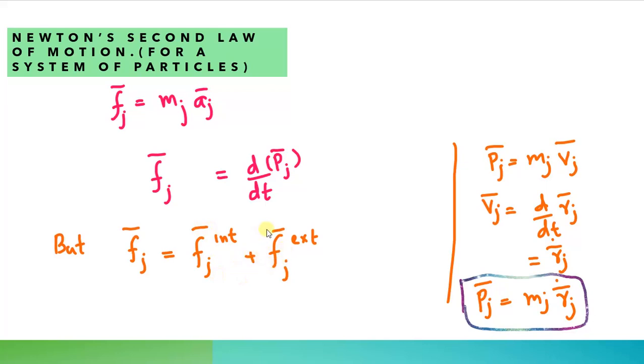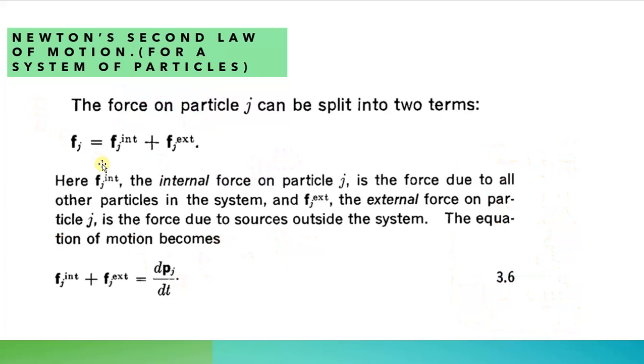Plus, there may be a force acting on the jth particle by external forces, by sources of forces outside the system. So the total force can be split into two, internal force and external force: Fj is equal to Fj internal plus Fj external.